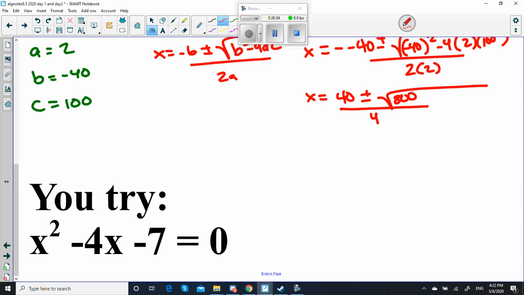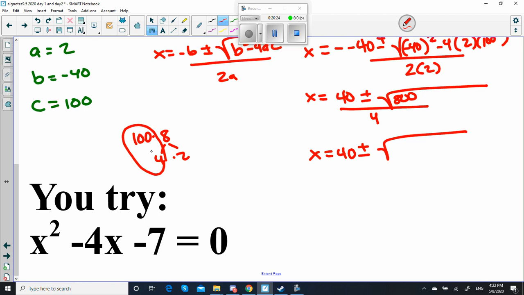So x equals 40 plus or minus. Now I have to break this 800 into a perfect and a non-perfect square. So I'm thinking about 100 times 8. But then if you notice, 8 is 4 times 2. So these two are both perfect.